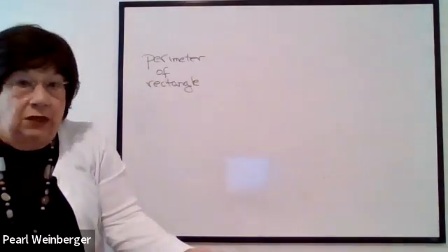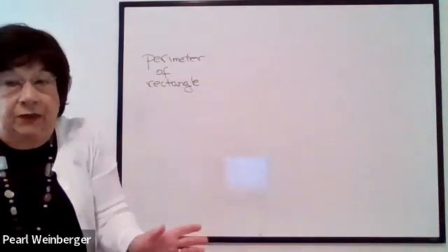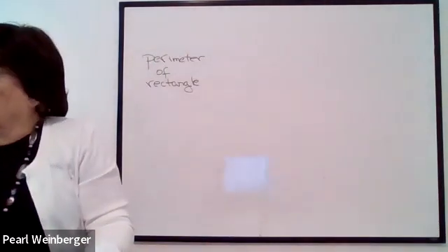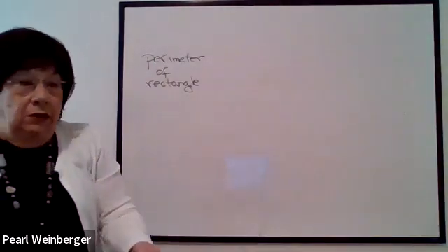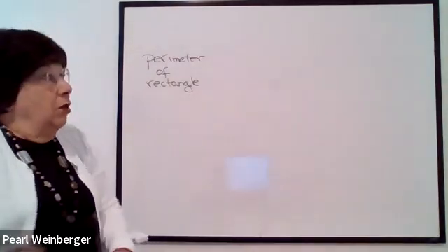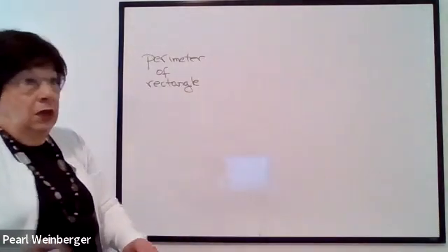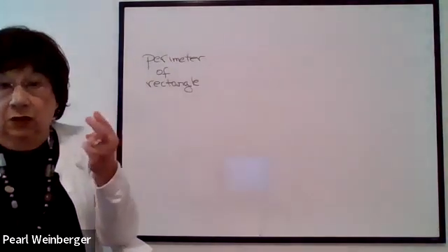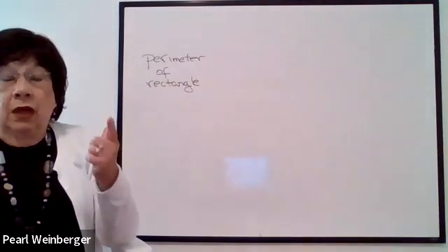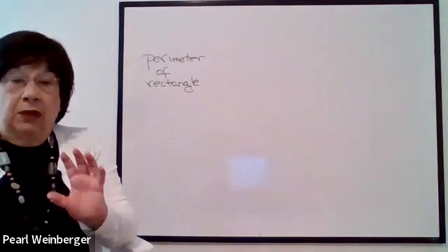Most rooms are either square or rectangular. Sometimes you get something with a curve, but most rooms, the doors, the windows, the beds, life is made up of rectangles. So we often have a lot of examples that have to do with rectangles. And the two things that we really deal with in rectangles are the area of the rectangle and the perimeter of the rectangle. So today we're going to talk about perimeter.